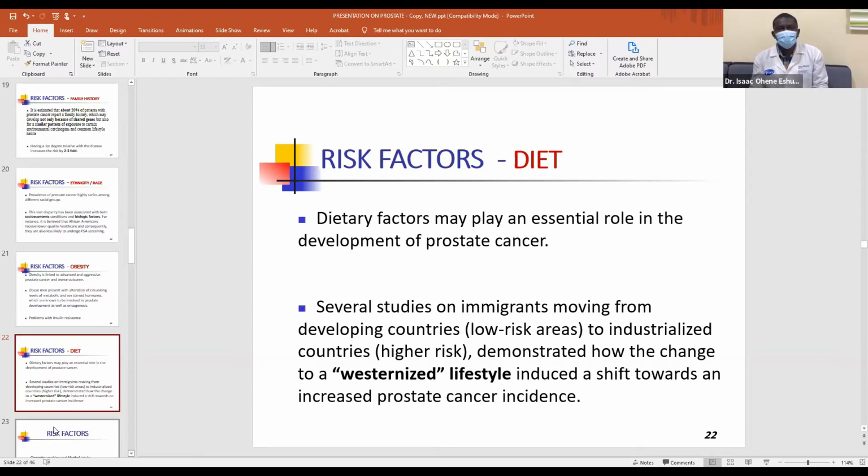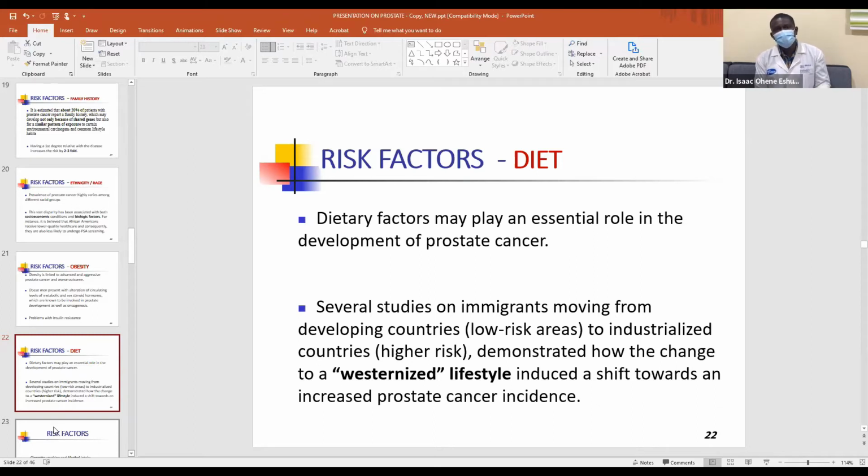A typical example is when you take African Americans and Africans: the proportion of prostate cancer cases was about 40 times more than in the African group. So we're all blacks, but if you take blacks who are in the US, the incidence is about 40 times higher than the blacks in African countries.